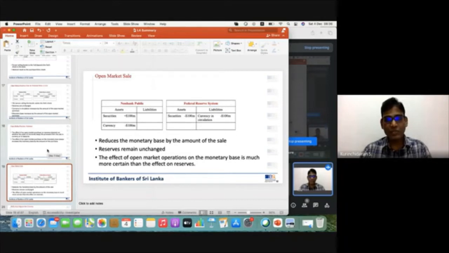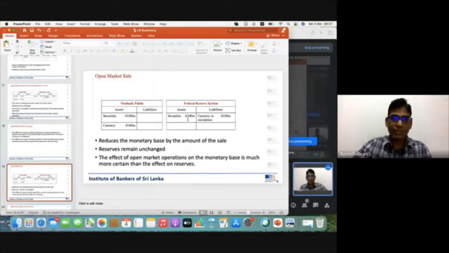So that means if a central bank wants to sell its securities, what will happen to the balance sheet of the non-bank public, the banks, or the central bank? Let's start with the Federal Reserve System, that means the central bank balance sheet. When they sell securities, on the asset side they are going to lose 100 million in securities, so minus 100.